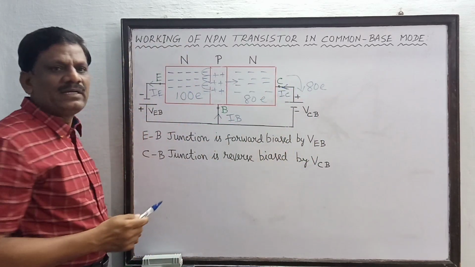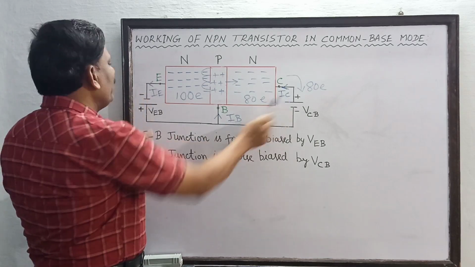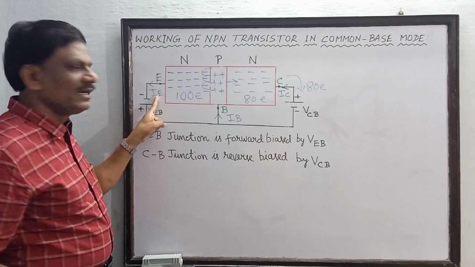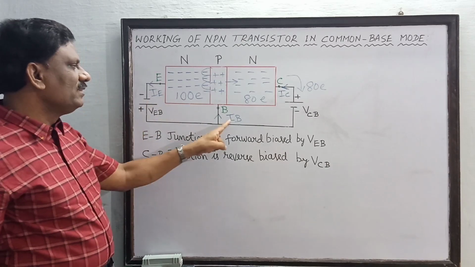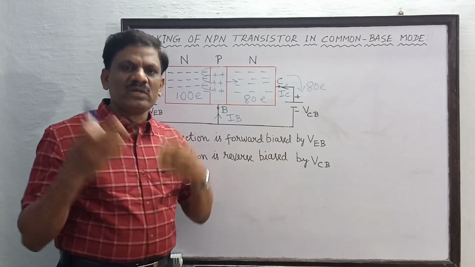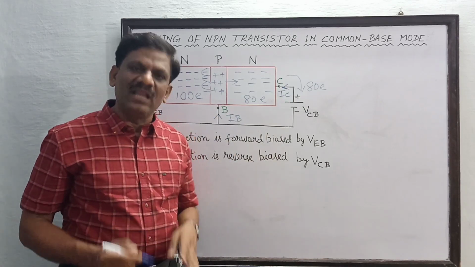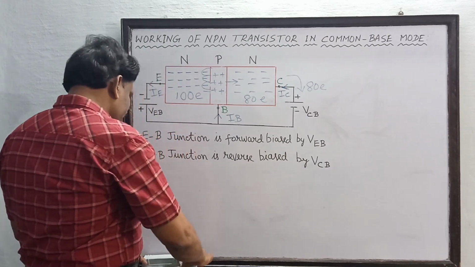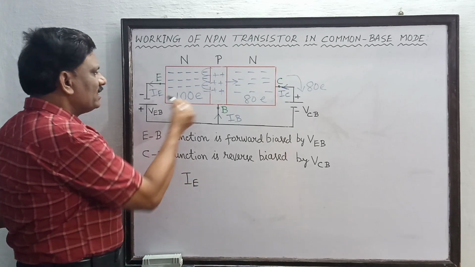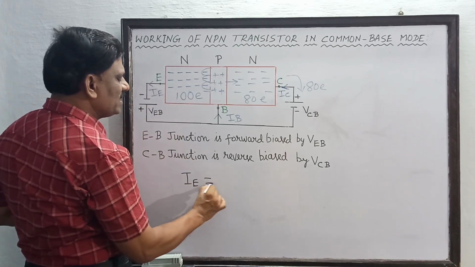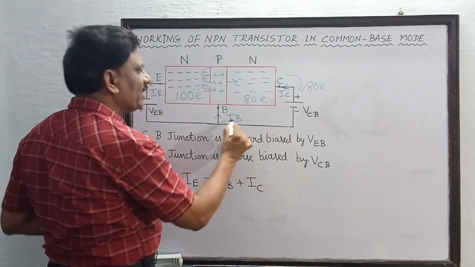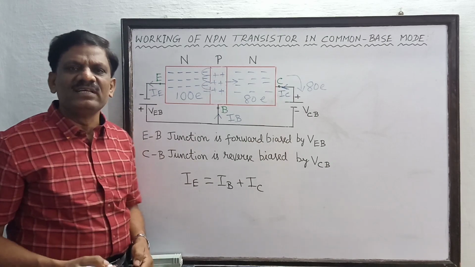If you look at these three currents, namely the emitter current, base current and collector current, the emitter current is flowing in the outward direction, and the base current and collector current are flowing in the inward direction. So if you apply Kirchhoff's current law, the emitter current, which is flowing outwards, must be equal to the sum of the base current and the collector current, because these two currents are flowing in the inward direction.